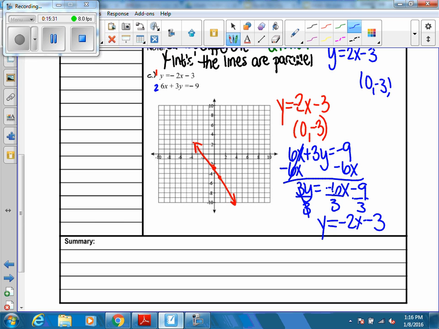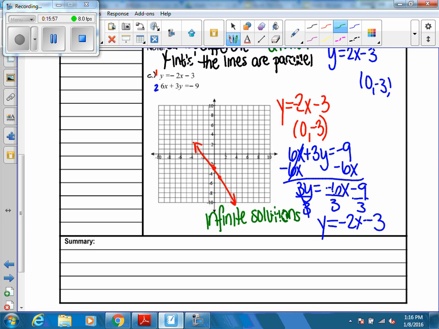So if I were to go back and graph it, it would be the exact same line. So that means that my system of equations has infinite solutions. I have infinite solutions because it's the same exact line.